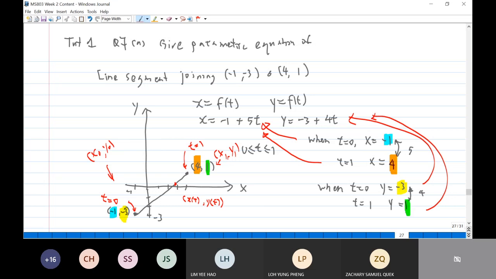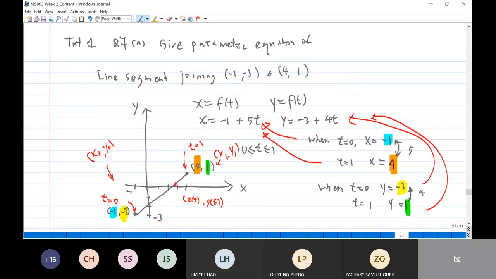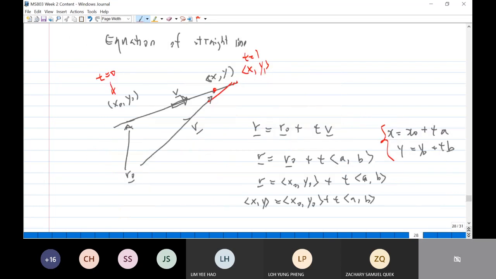Then the second one, the b, is 4 now. Then this is actually the equation of a straight line. In AM2, we have this one. Okay, just a recap. Equation of a straight line. This is called parametric form. Okay, parametric equation of a straight line.